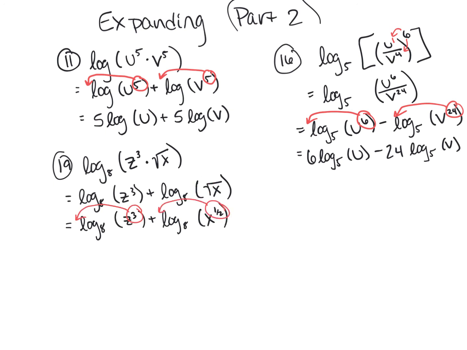So if you see a square root or a cube root, make sure to turn that into an exponent so we can bring it outside as a coefficient. And we get 3 times log base 8 of z plus 1/2 log base 8 of x. And that is our expanded version.